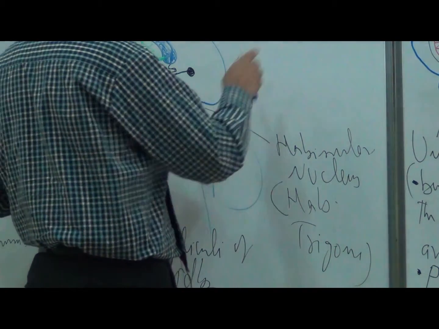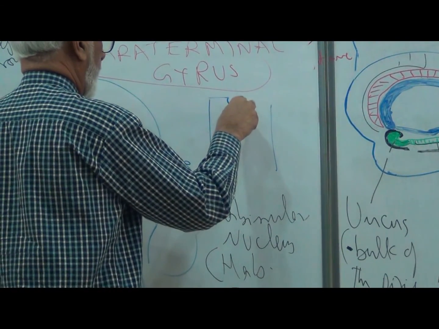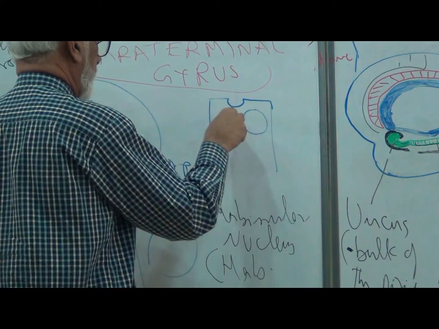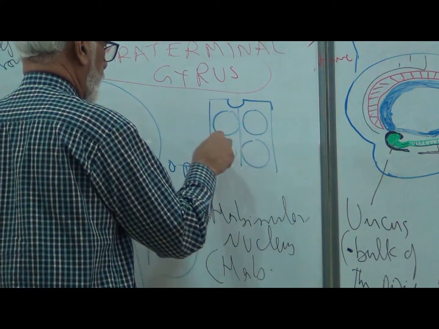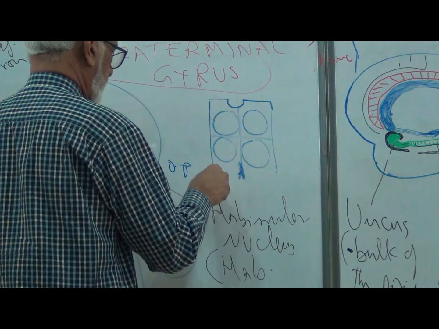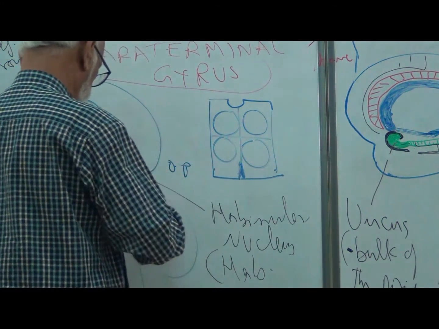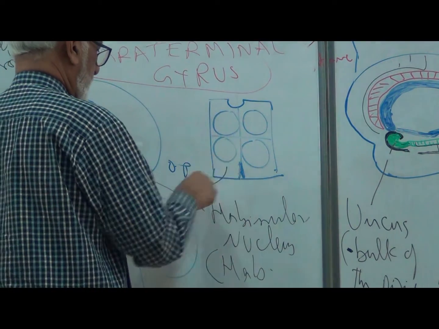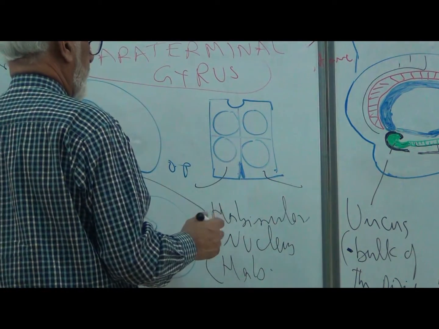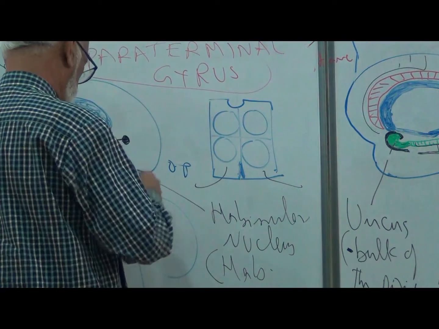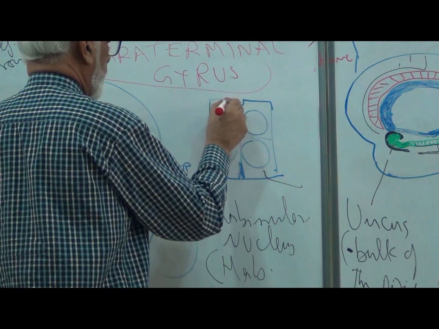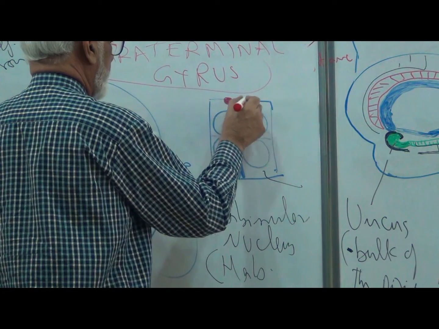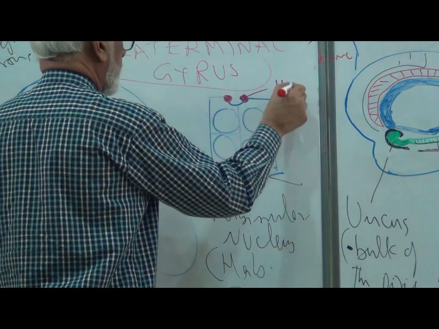So if we draw a posterior view of the midbrain, a pair of superior colliculi, a pair of inferior colliculi with cruciform sulcus, frenulum, right trochlear nerve, left trochlear nerve, and here there is a depression called habenular trigone, and on each side is the habenular nucleus.